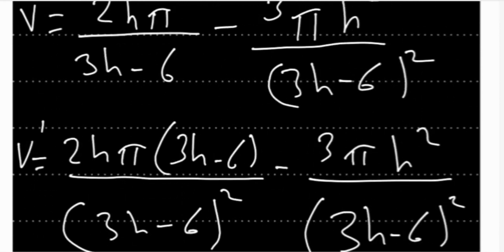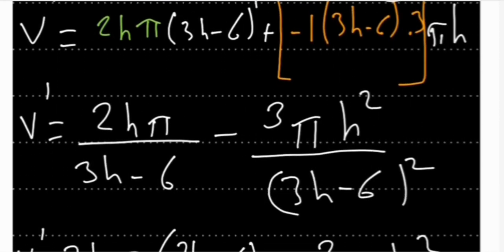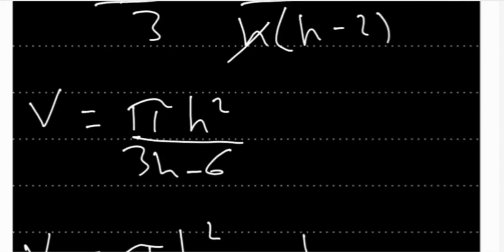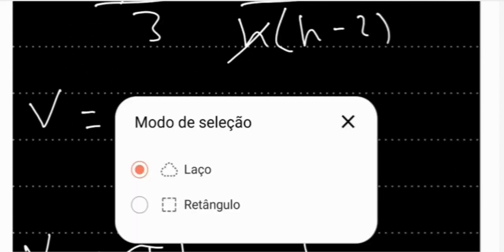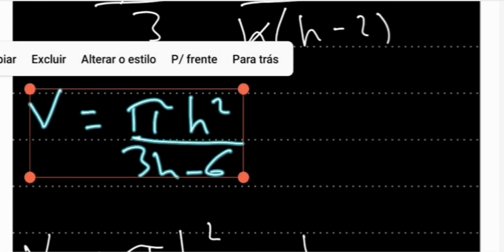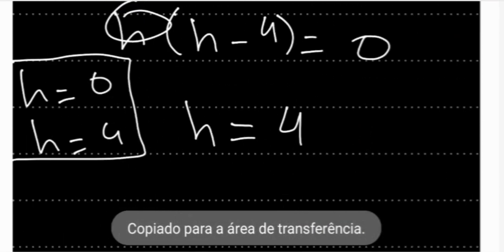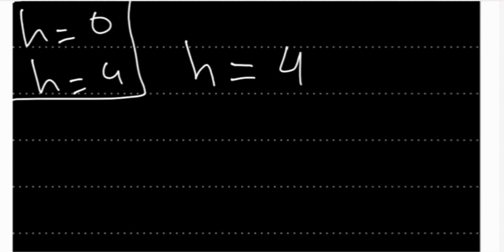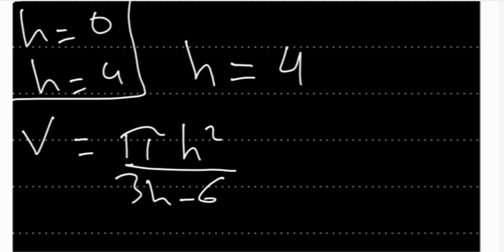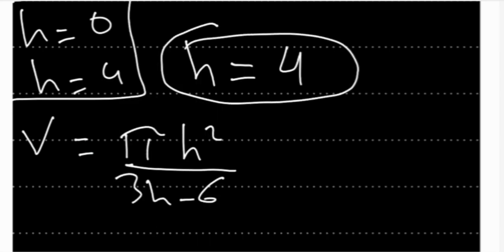So remember, where was our formula for the volume? Look over here. Here we had the formula for the volume in terms of h, right? And this satisfies the condition for the minimum h, for the h that gives us the minimum volume.